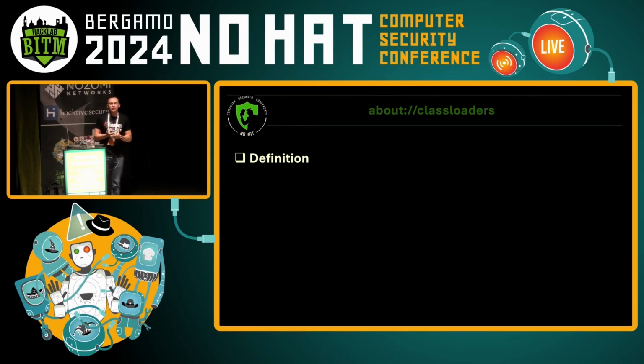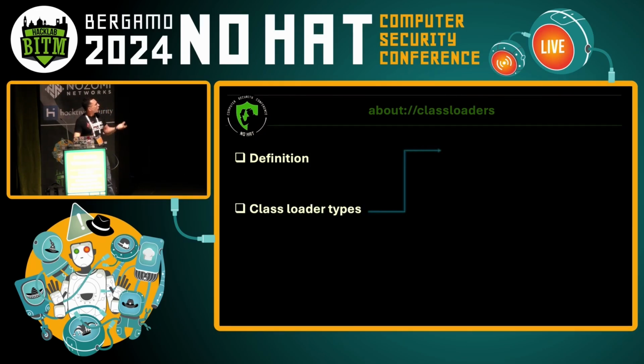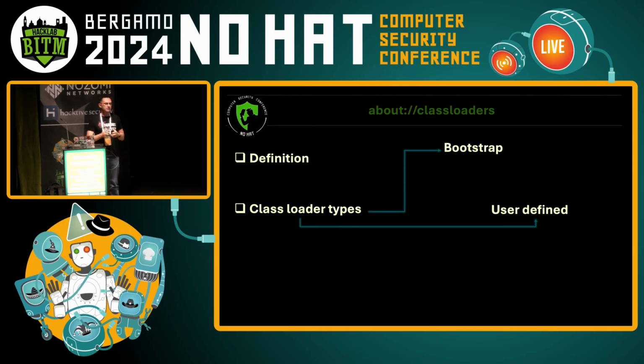They are usually implementations of the abstract ClassLoader class, reflecting various loading policies, and they are organized according to a hierarchical model, according to which, on top, we have the bootstrap or primordial ClassLoader, which is responsible for loading the Java core libraries. And we also have user-defined ones, like the application or the extension ClassLoader, which are responsible for loading secondary classes from extension or application directories, as the name implies.